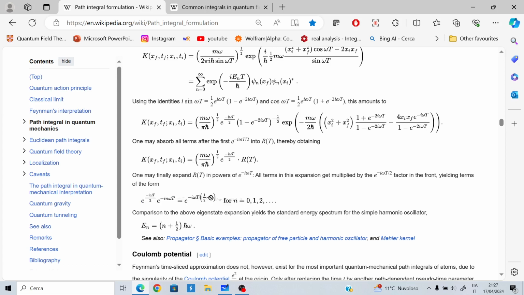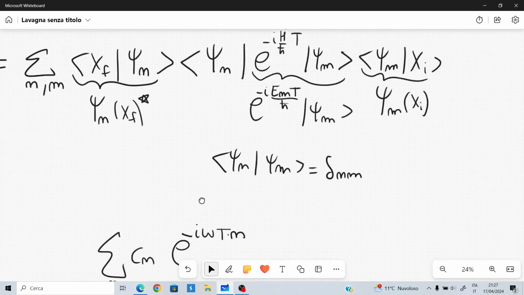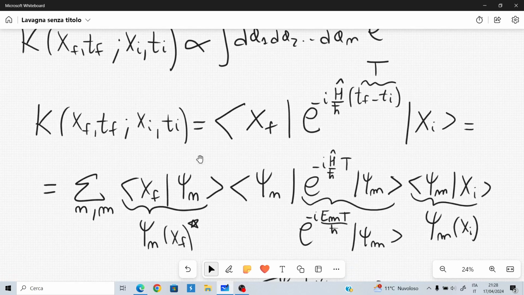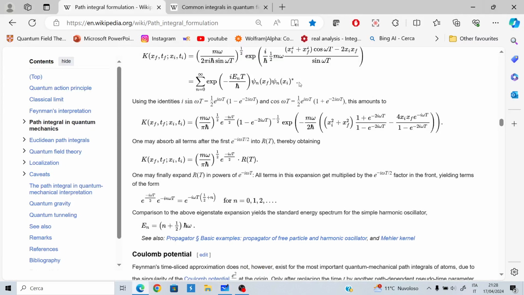And this term, if you think about it, should be equal to this exponential here that we have written in the other way by expanding this expression for the propagator that I showed you a few moments ago. This expression here can be written by using this summation with the exponential, and then we have these wave functions. And this exponential should be the same as this exponential here.